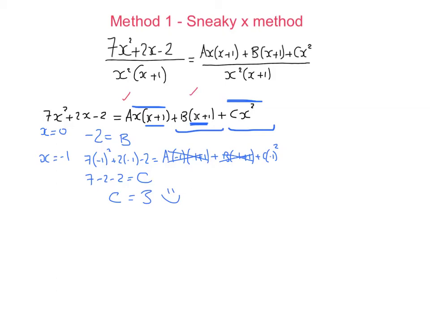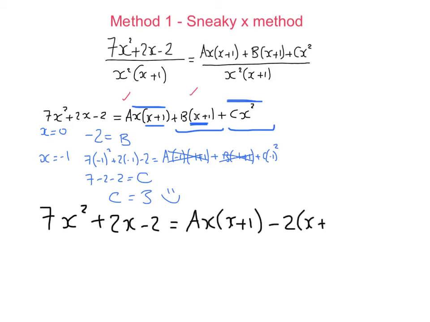But let's take stock. What have we got? 7x squared plus 2x minus 2 equals don't know amount of x times x plus 1, minus 2 lots of x plus 1, plus 3 lots of x squared.